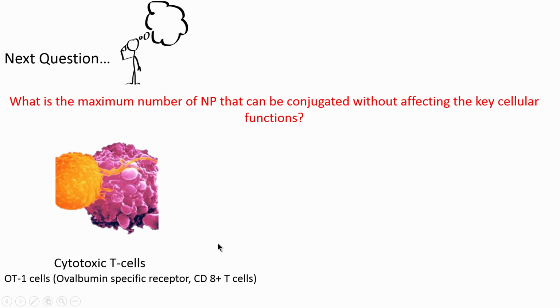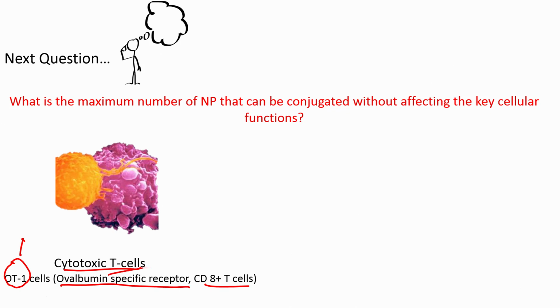So, in this case they are using cytotoxic T cells. These cytotoxic T cells are derived from a mouse which is called OT1, and this is a mouse in which all the CD8 positive T cells have a receptor that is specific to ovalbumin.